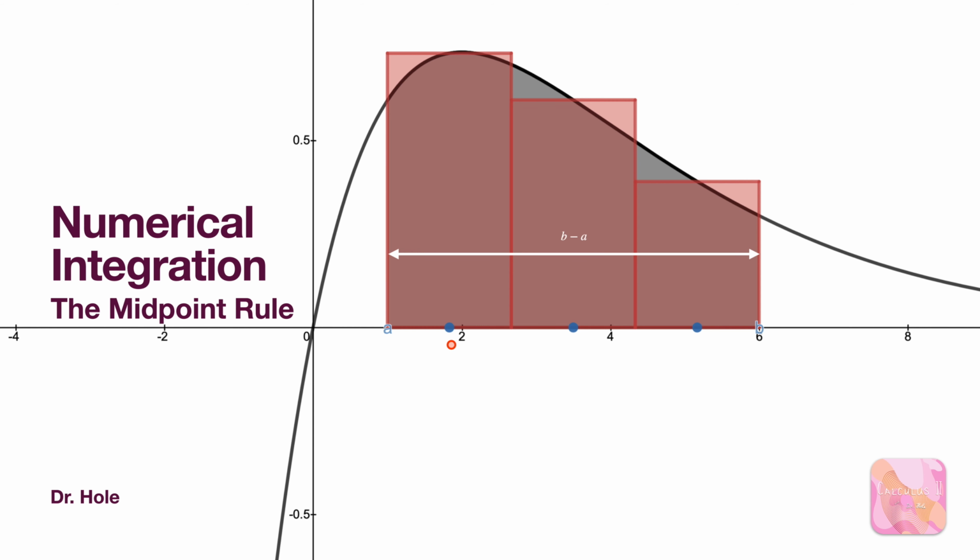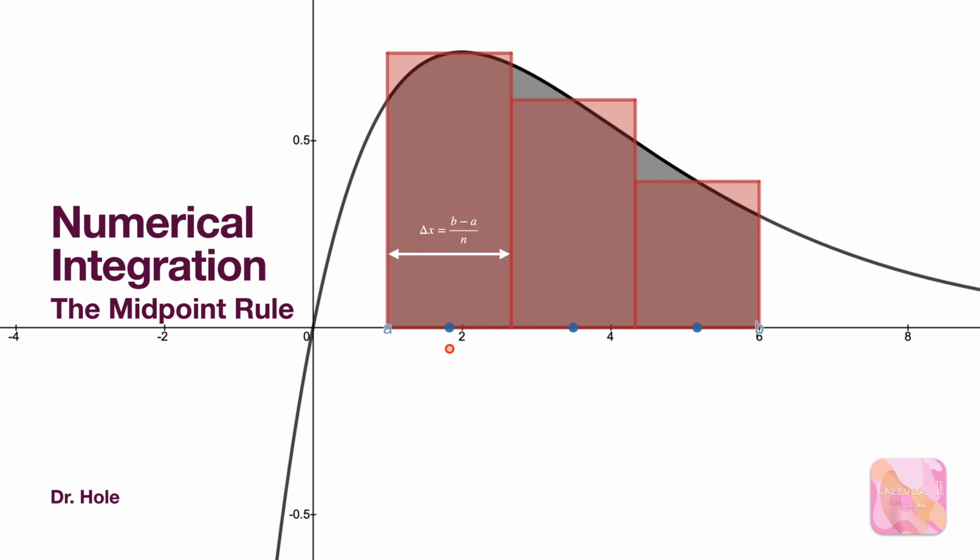Let's think about how to compute each of these midpoints, m sub i. We can first note that the length of the entire interval is b minus a, that our notation for the width of each subinterval is delta x, computed as b minus a over the number of subintervals we desire, n. If we want to start at the leftmost endpoint and move to the very first midpoint, we add in half of delta x.